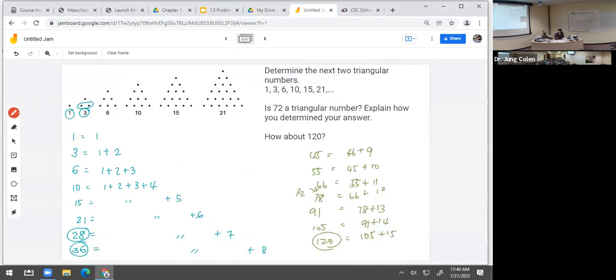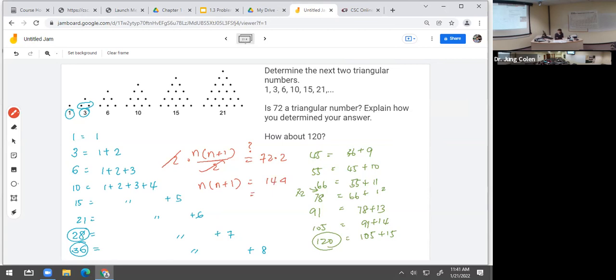So where is it? It's 72, triangular numbers. We can think about n times n plus 1 divided by 2 is 72. It is possible or not? If it is possible, it is a triangular number. If it's not, it is not a triangular number. But let's check. So if I multiply 2 on both sides, what happens? I have n times n plus 1, and I have 72 times 2, which is what? 144.